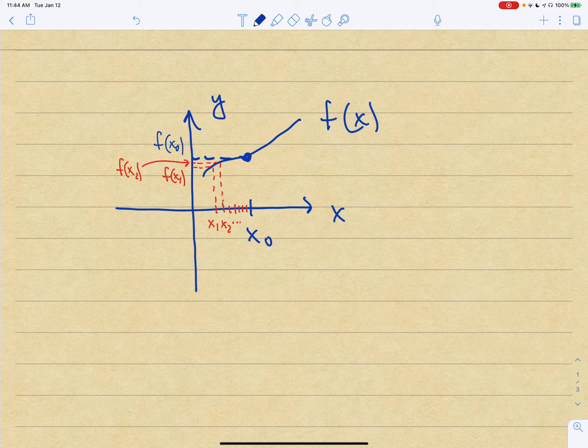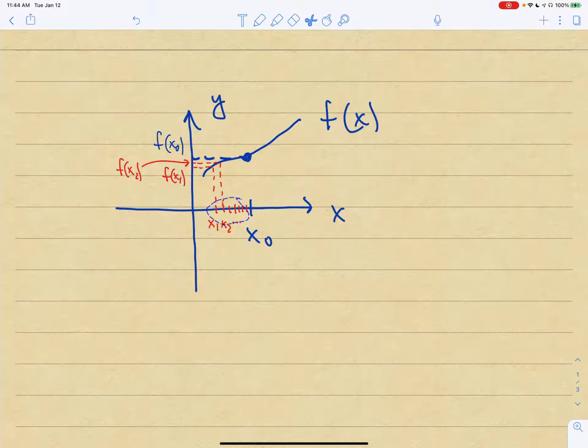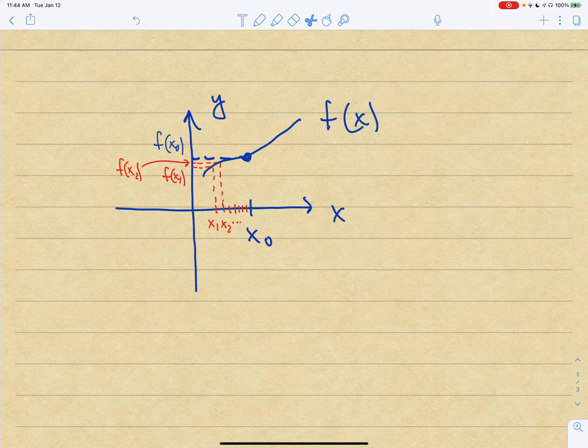So as long as I have a sequence of x's that converges to x0, if I look at the sequence of corresponding f of x, then clearly that sequence must converge to f of x0. And so the definition of continuity is satisfied.